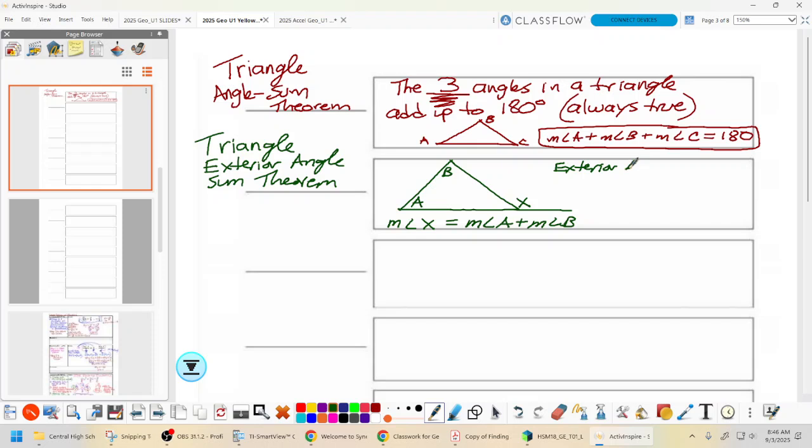Exterior angle equals the sum of the opposite interior angles. It might be useful, but again, you can use the triangle angle sum, the fact that all those angles add up to 180, and the fact that there's a linear pair right there to get around this. You can do that as well.